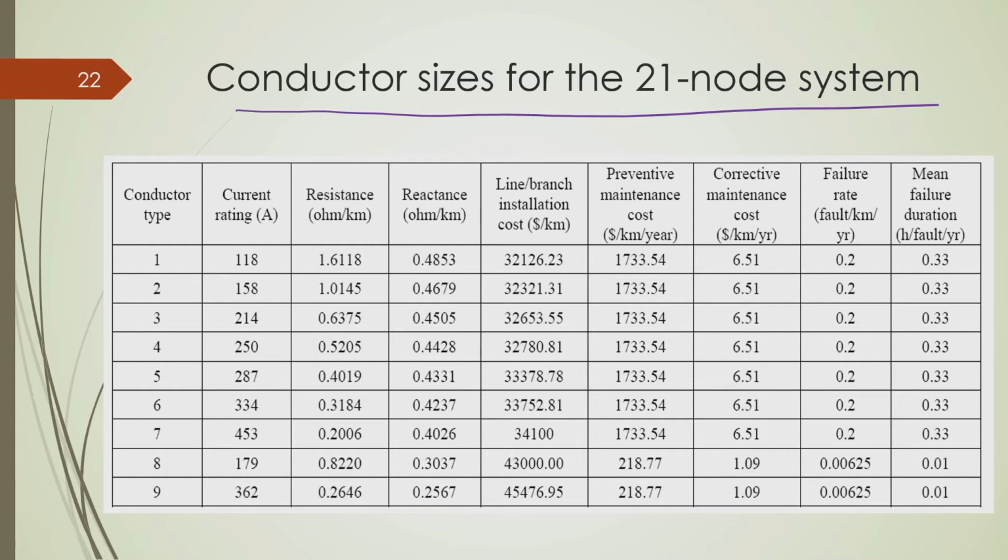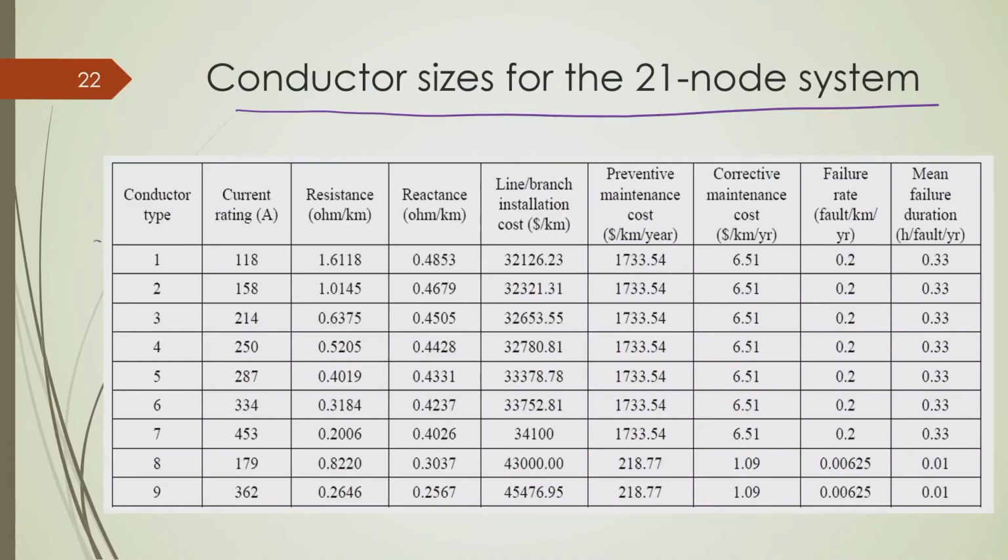Now, this table gives you the different types of conductor sizes. In normal planning, what planners usually do is have a set of conductor types or conductor sizes, from which we need to select one specific type or size for constructing a distribution line.